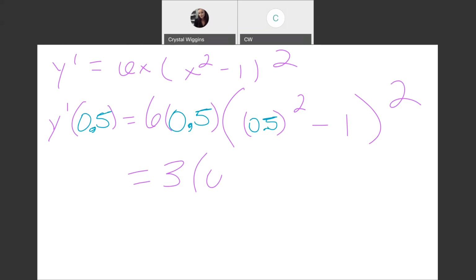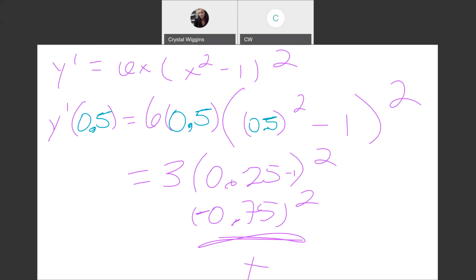A half squared is +1/4. And we're still minusing 1 and squaring it. So we still have a -0.75 squared, which is going to come out to something positive when you square a negative number. The 3 is positive, so positive times positive is going to give us positive. All right, so between 0 and +1, our two critical values, we have an increasing portion of the function.